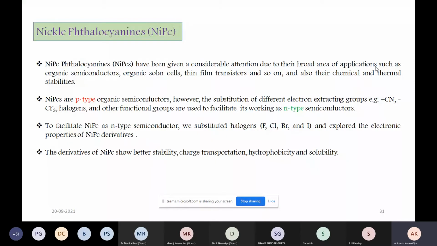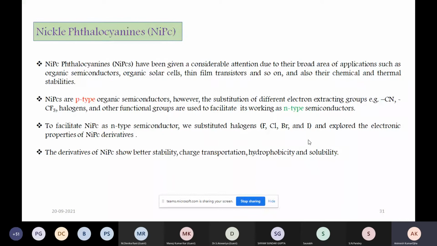And here what I have done is I have replaced the H by these halogens, mainly fluorine, chlorine, bromine, and iodine, and tried to study its optical as well as electron transport behavior, so that we can improve the stability as well as the ion transport ability in the perovskite solar cell.